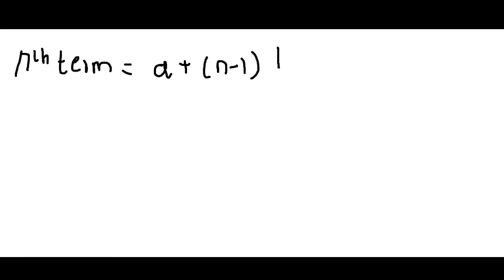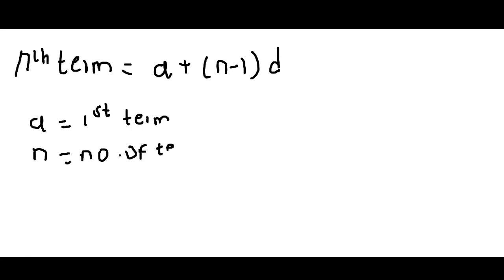First, the nth term equals a plus n minus 1 d, whereby a is the first term, n is the number of terms, and d is the common difference between any two numbers. So it's the common difference.